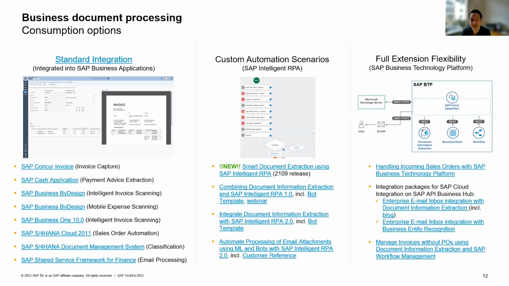And finally, there is a third option how you can consume the services, which gives you a full extension flexibility on the BTP. Here you can use the SAP Cloud integration in order to build more robust integrations within your SAP landscape.